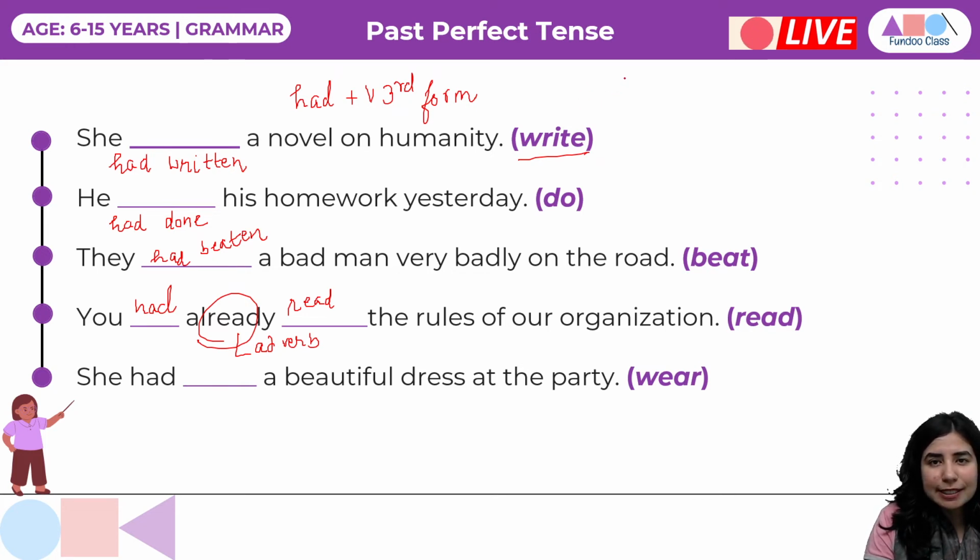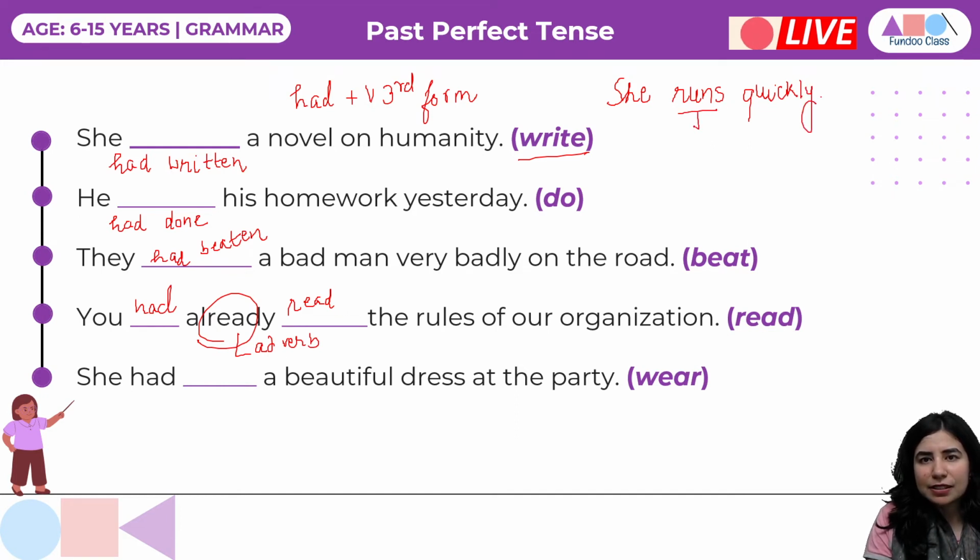So I'll make one sentence for you. She runs quickly, right? So in this case, runs is the verb and quickly is an adverb and it is explaining how the action happened, right?